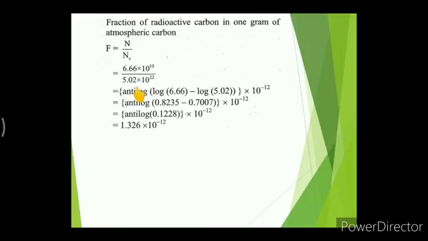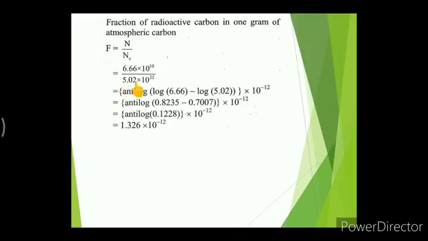As we are applying log, we first write down the anti-log of 6.66 upon 5.02.